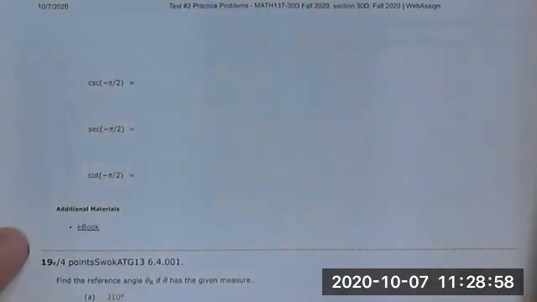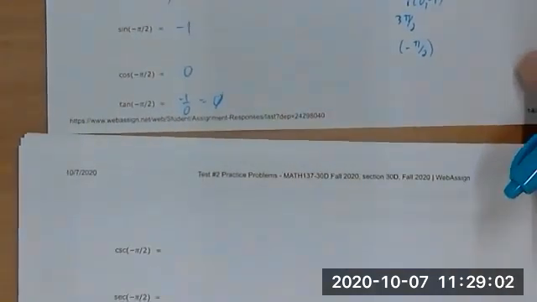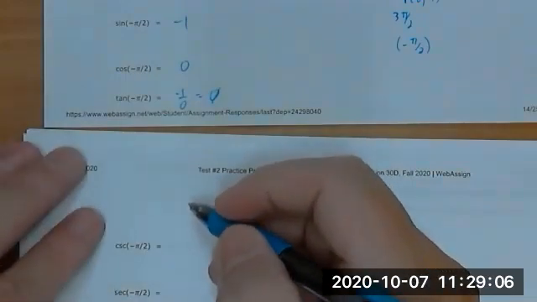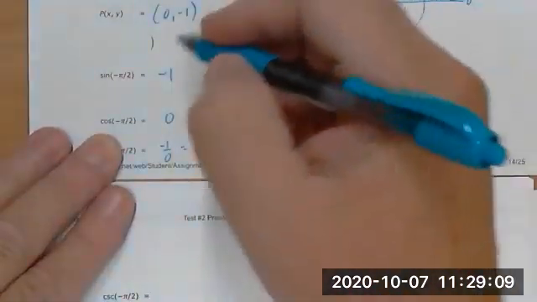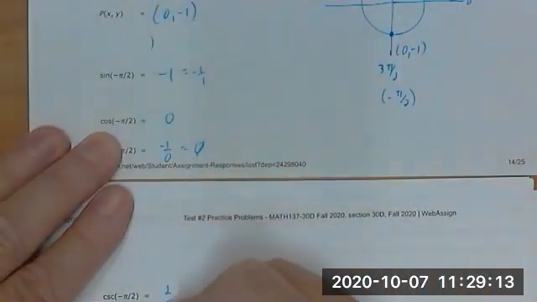And if I keep going with this problem, cosecant is a reciprocal of the sine. So if you think of the sine as negative 1 over 1, the cosecant's 1 over negative 1, which is just negative 1.